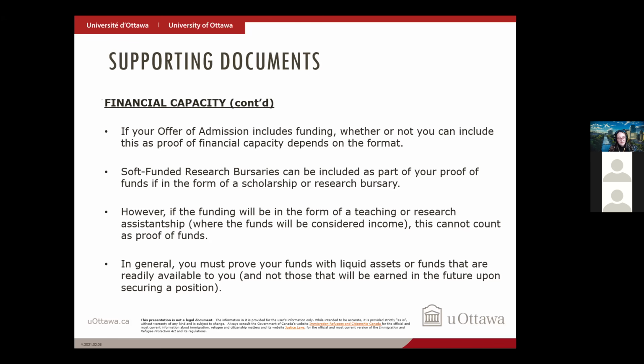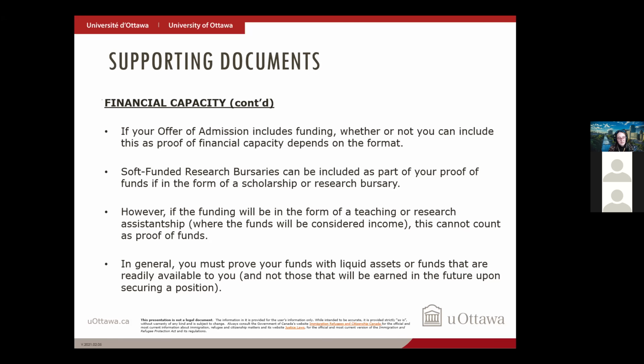It has to be funds that are readily available to you. So if you did get an admission scholarship, doctoral scholarship, whatever, that can count, because those are funds that are going to be available to you right when you start your program. Unlike the TA or RA, where you get a position and then you get a pay stub, that kind of thing, that can't count.